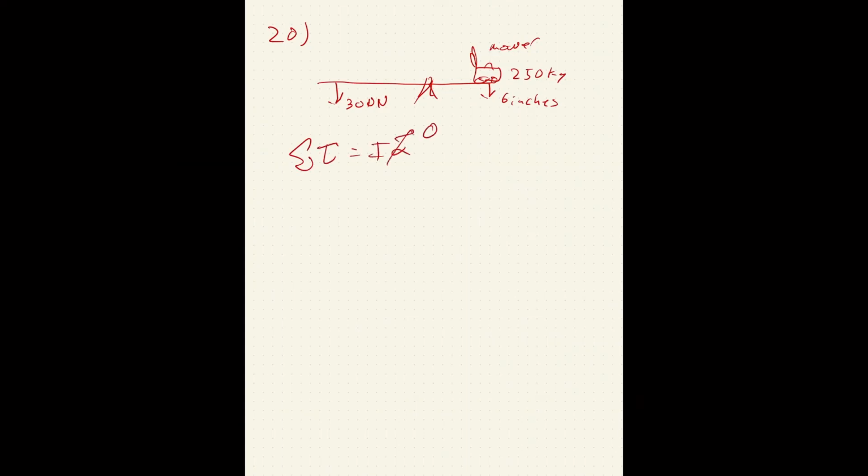We're not spinning it, so it goes to 0. Here we have the distance. We'll call this x1 and this distance x2. We don't know where the fulcrum is, but we do know that x1 plus x2 equals, let's see, how long was our bar? 2 meters.